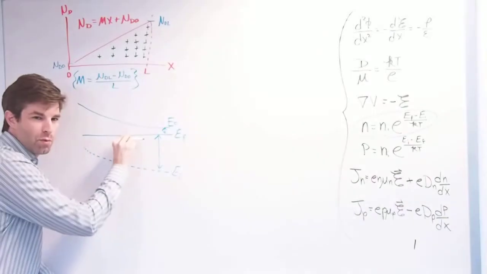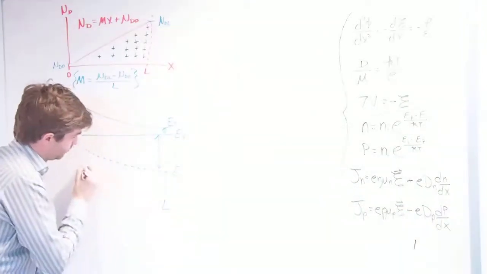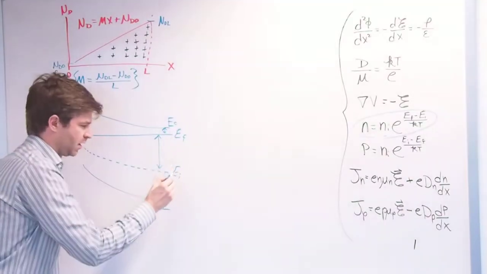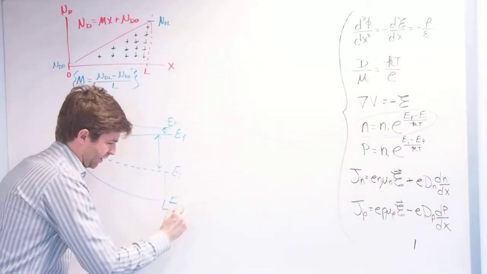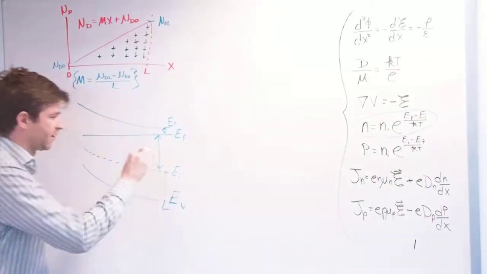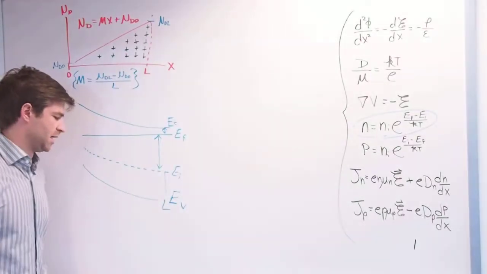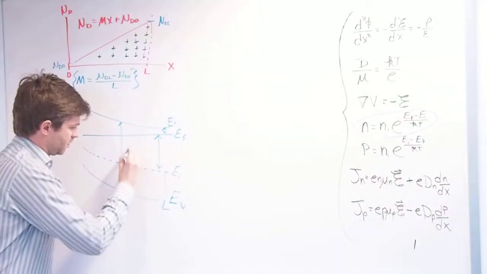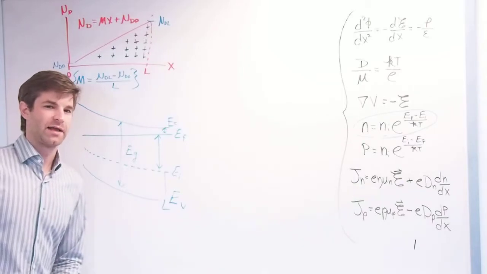We're becoming more and more n-type as we go towards L. This is L right here. This is what our conduction band, Fermi level, intrinsic level, and valence band should look like, something like this. This is obviously not completely to scale. This is going from 0 to L, and this is EG. Our conduction band and valence band are always separated by the band gap EG.